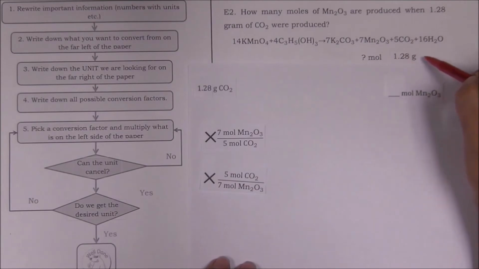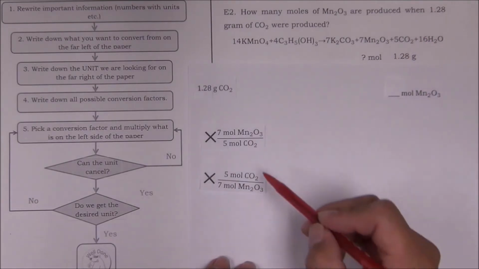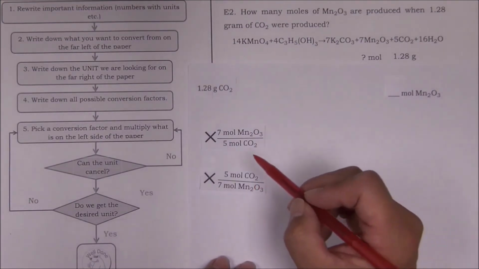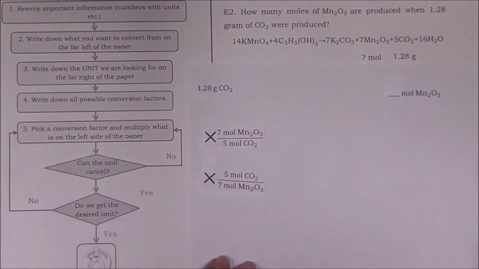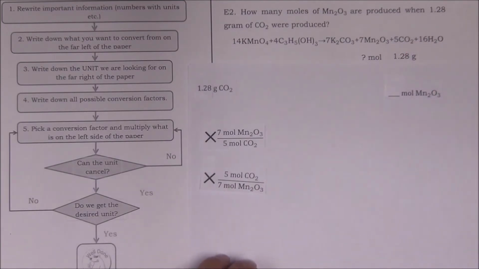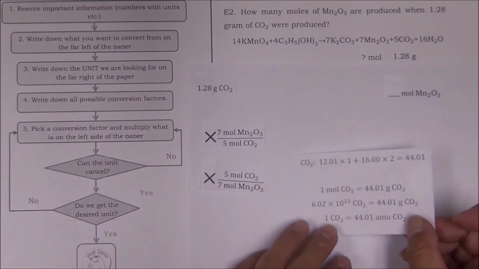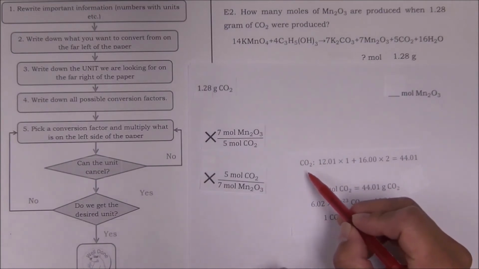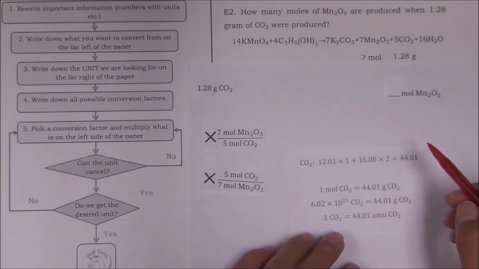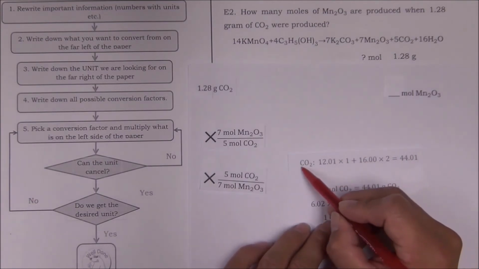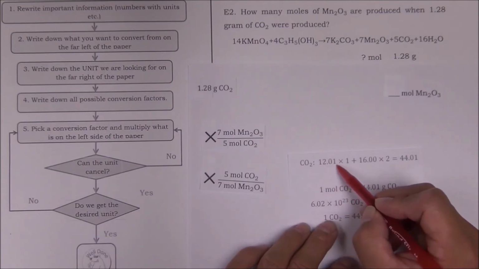We want to convert gram into mole, but the conversion factor from the chemical equation can only allow us to convert from the moles to moles. Therefore, we need a conversion factor to convert grams into moles, which is the molar mass of carbon dioxide. To calculate the molar mass of carbon dioxide or any chemical, it can be very easy. All you need to do is to look up the periodic table for carbon, which is 12.01.